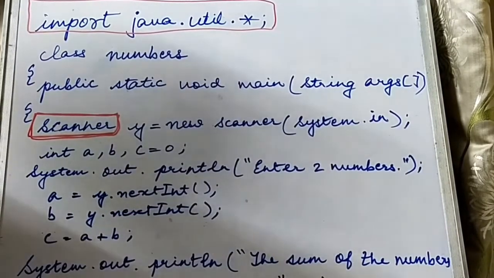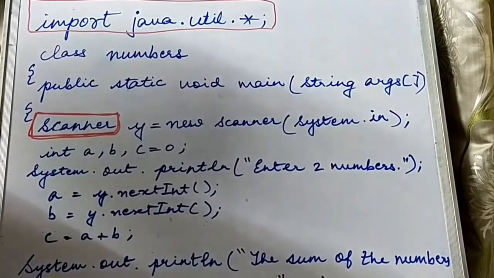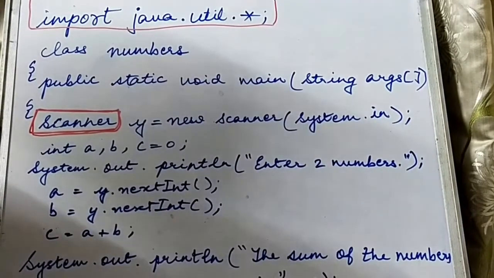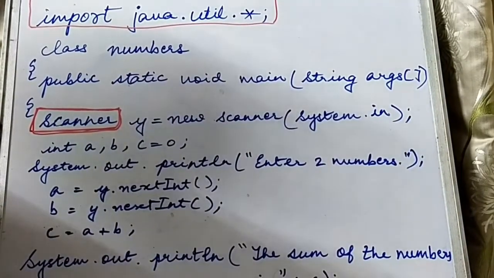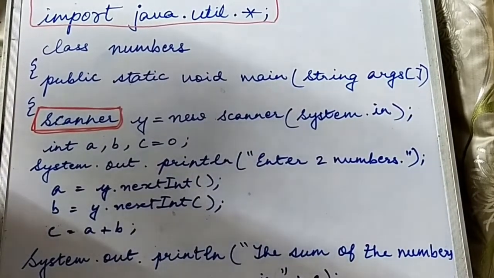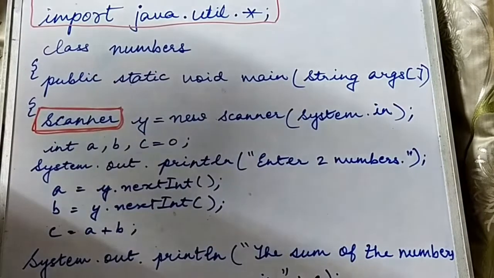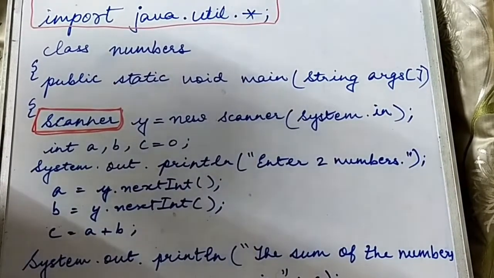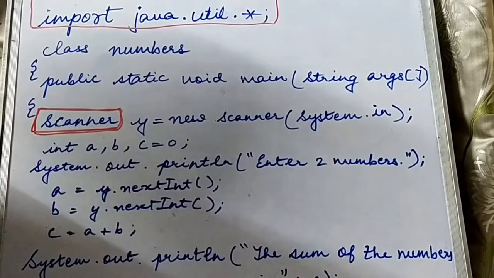Here also Scanner is a class where some variables and some methods are present, and those methods are written for a specific purpose. So we are going to call those methods and use them in our program.